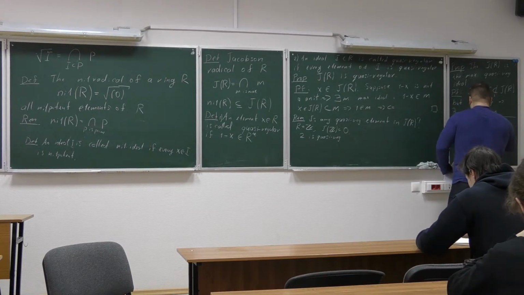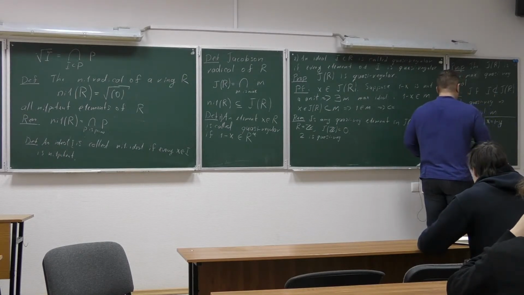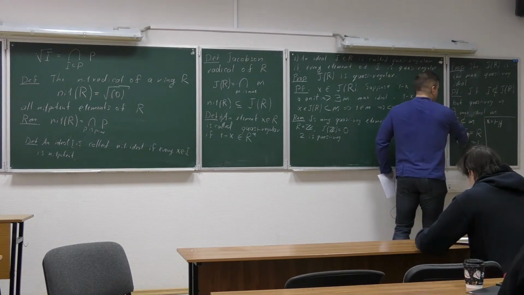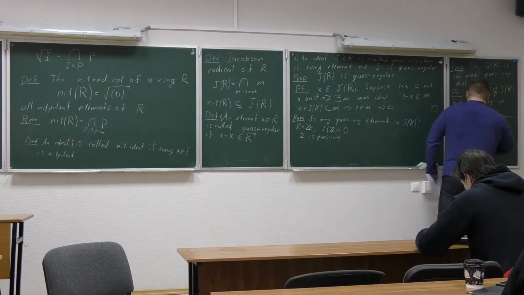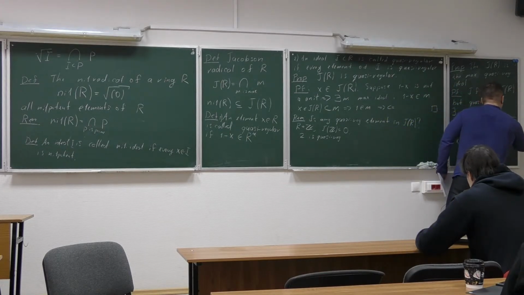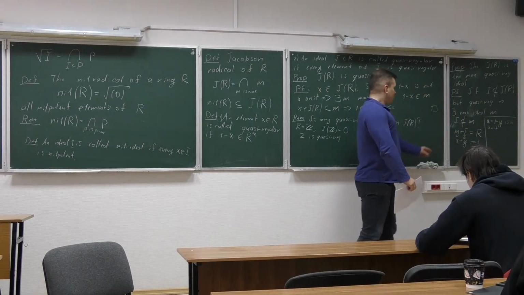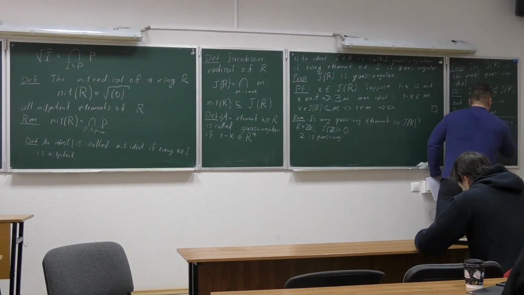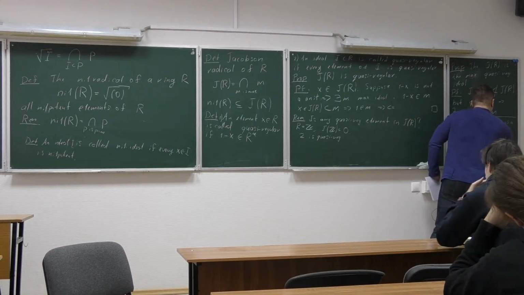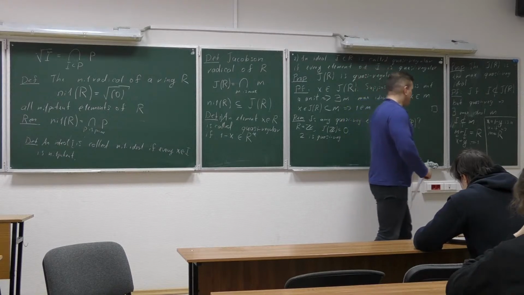X is 1 minus Y. We assume that I is quasi-regular, so 1 minus Y is a unit, right? And this means that we constructed an element which is invertible in the maximal ideal. So it's in the maximal ideal, and it's also a unit, so this maximal ideal is equal to the ring. Again, that's a contradiction.